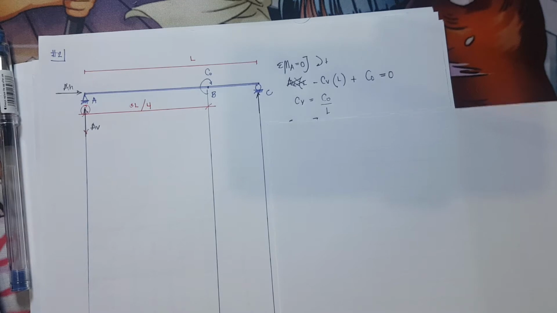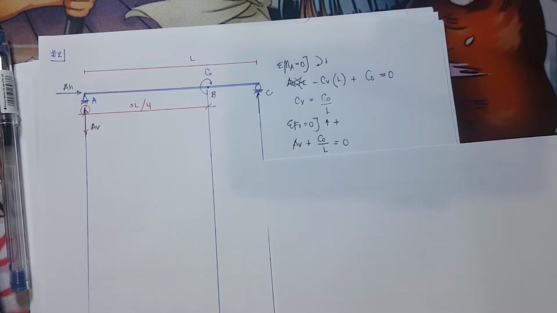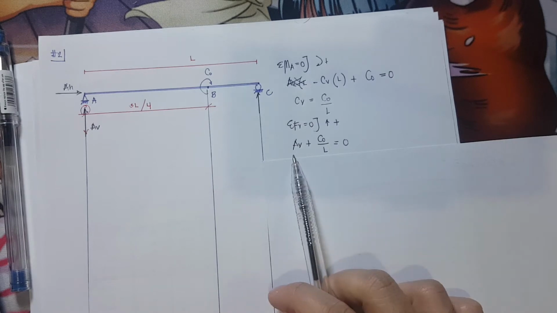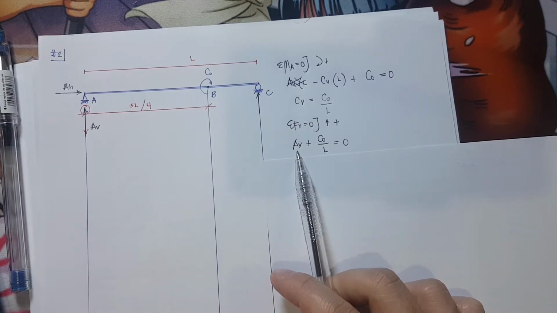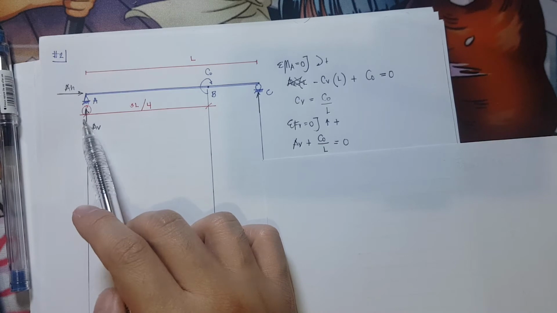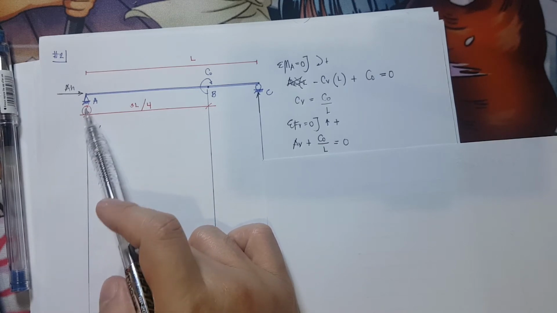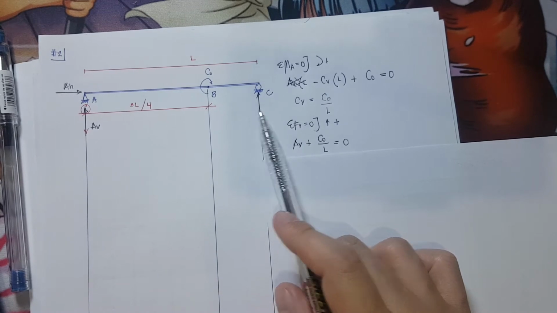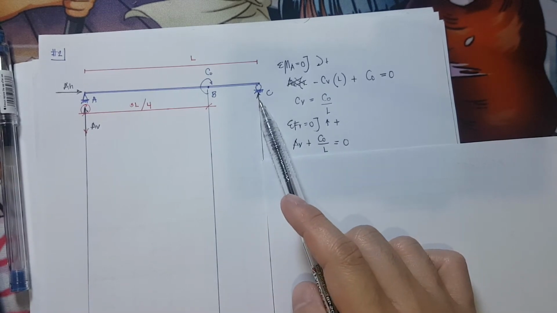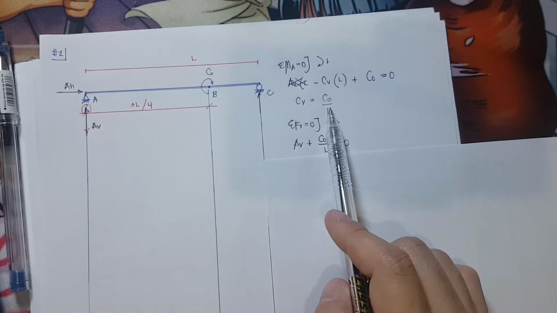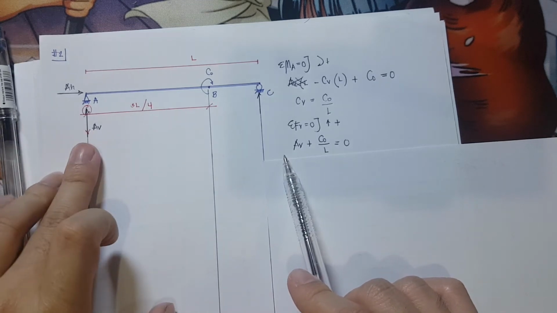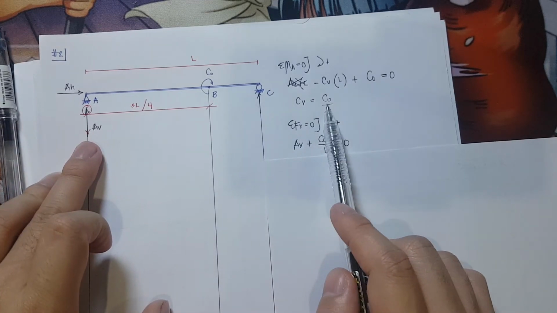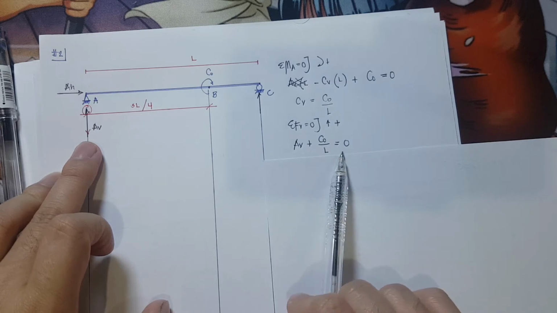Next, summation of forces vertical is equivalent to 0. All forces pointing upward should be positive. So what are those forces? I have here my first assumption of A vertical is upwards, plus C vertical, and that is C₀ over L. So A vertical plus C₀ over L is equivalent to 0.